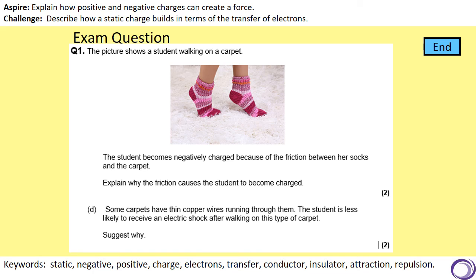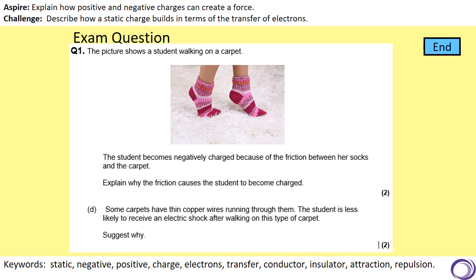I'll talk you through how I put my answer together, and then I'll show you the mark scheme. Make sure you're self-marking this. It tells us the student walking on the carpet becomes negatively charged. So for the first bit, explain why friction causes the student to become charged. We've got to say electrons here, we're not talking about anything else.